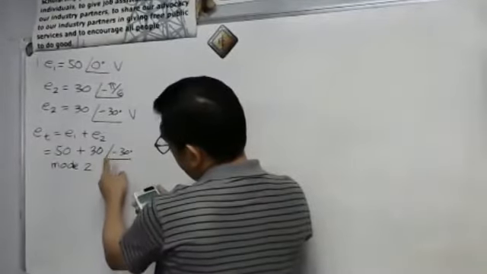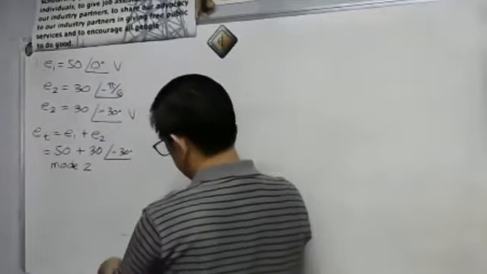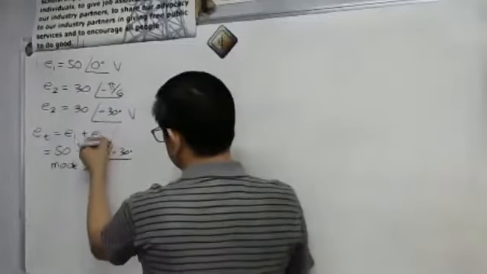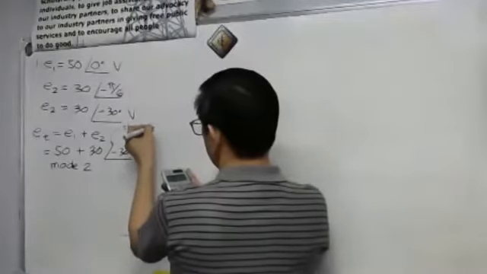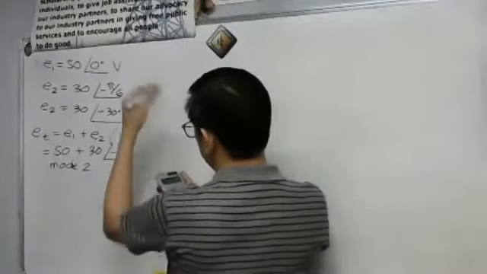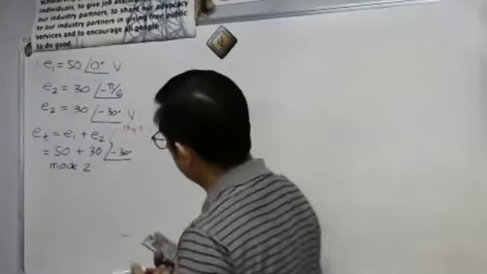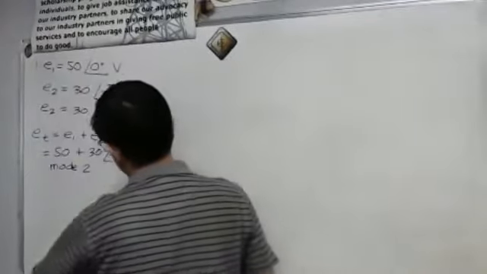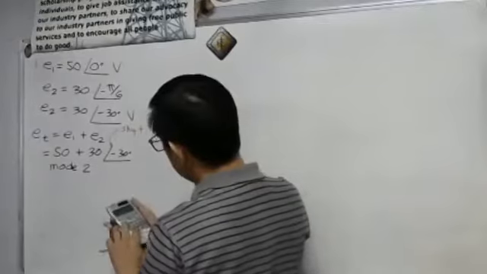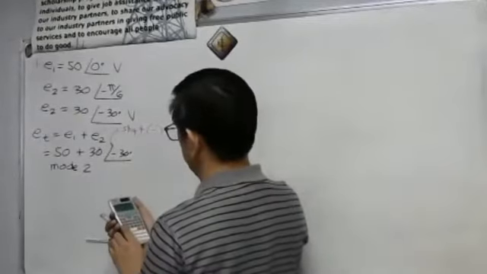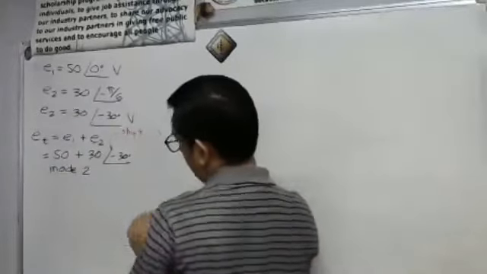For you to have this bar angle sign, you have to press shift, and then the button of negative. That is above the RCL button, above number 7. That one. Okay? So, we have here negative 30 degrees. Okay? Of course, our calculator must be in the degree mode.